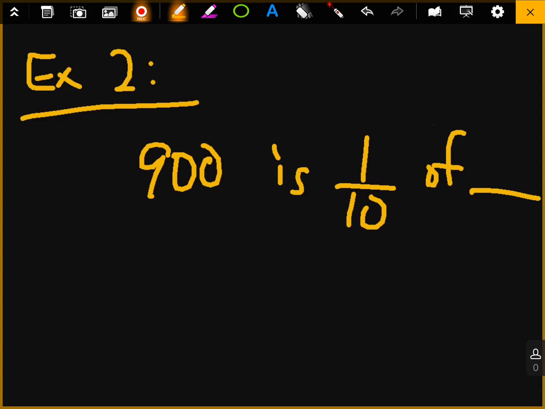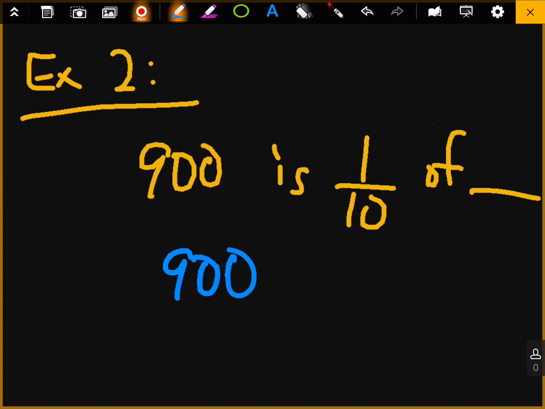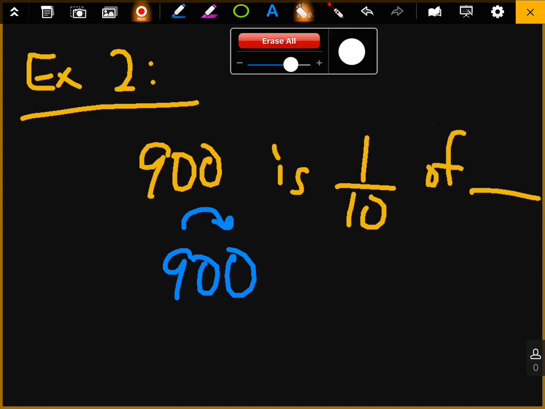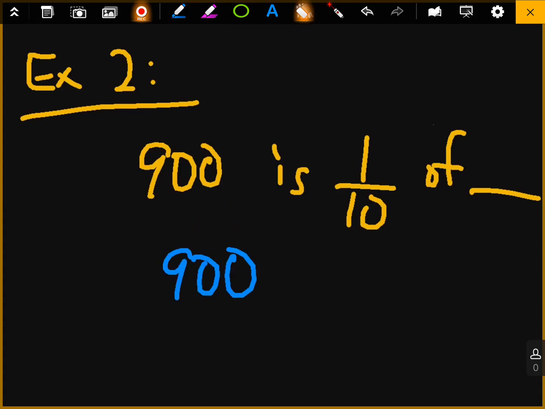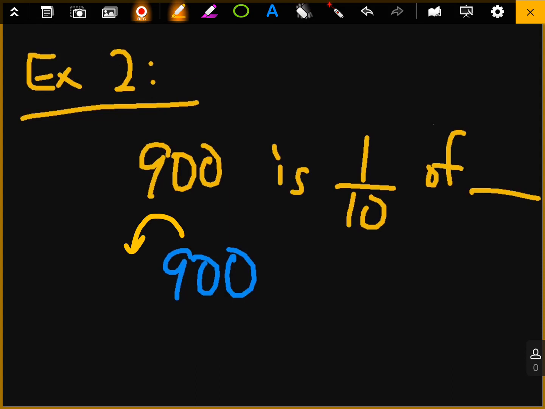And now you know that the number is going to be bigger because this 900 is only part of a bigger whole. Whereas last time you had to go to the right, this time I have to move up to the left. The 9 has to move up to the left spot. So instead of 900, it's going to be 9,000.